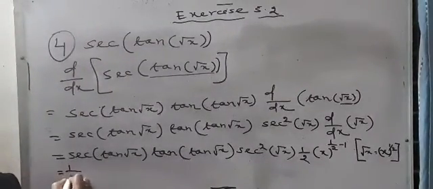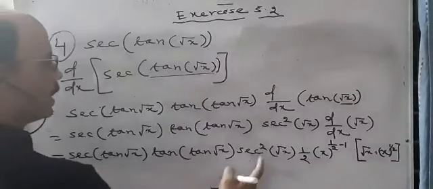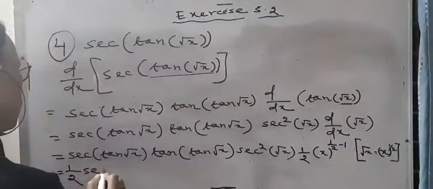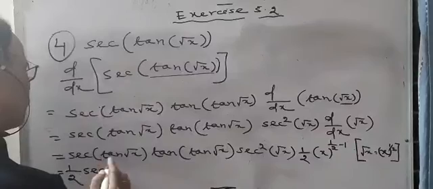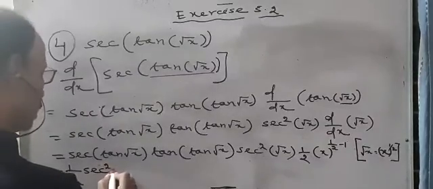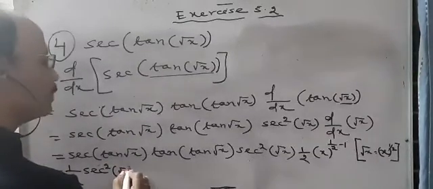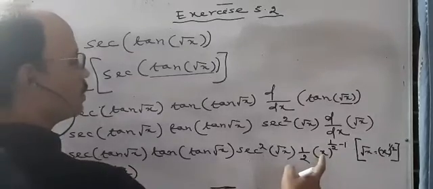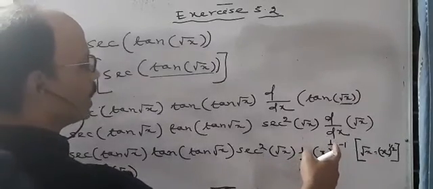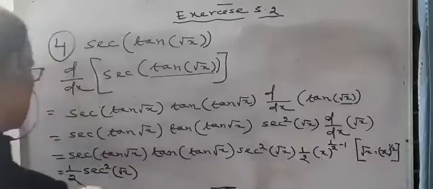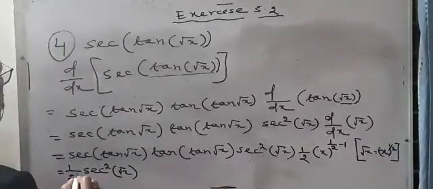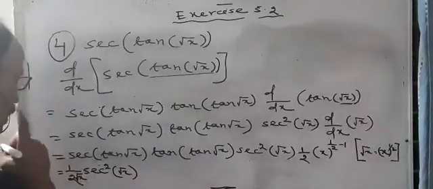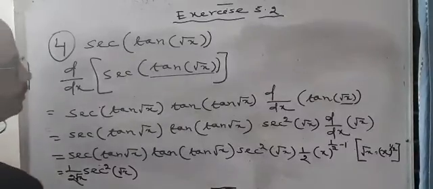So it will be half, then write the sec square under root x, and it is also x to the power minus half. So x to the power minus half means 1 upon 2 under root x.